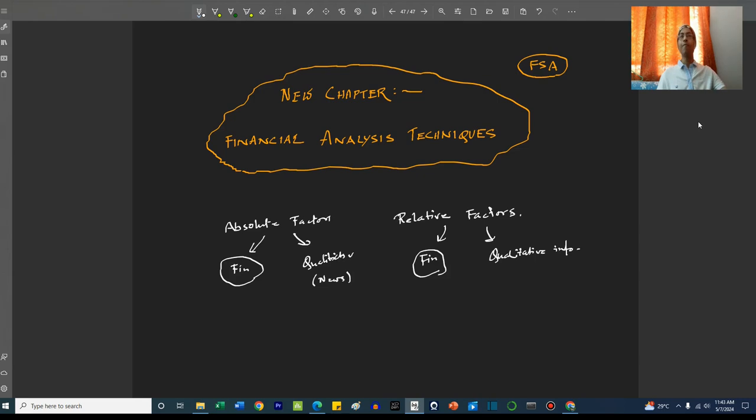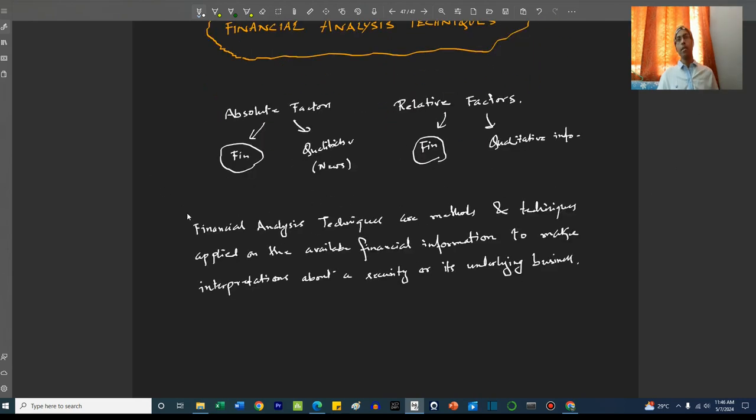So let us define financial analysis techniques. Financial analysis techniques are methods and techniques applied on the available financial information of a business to make interpretations about the security representing it or its underlying business.